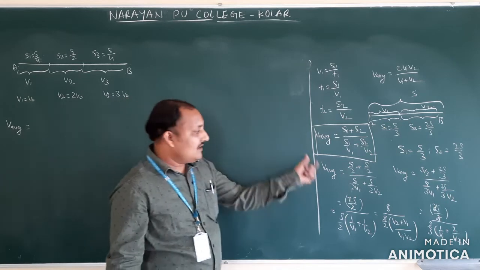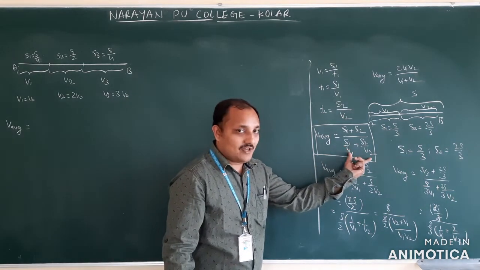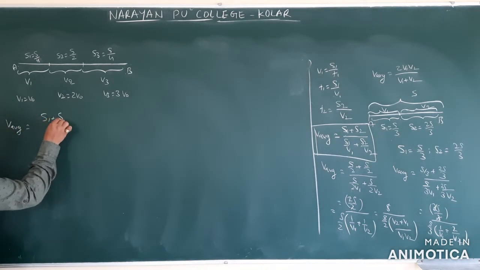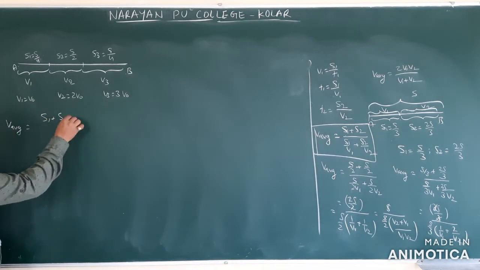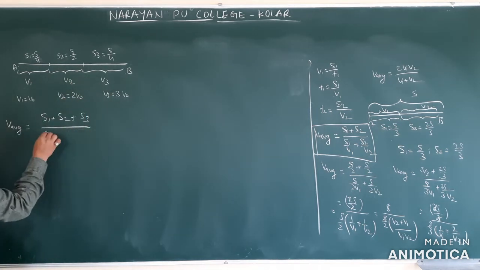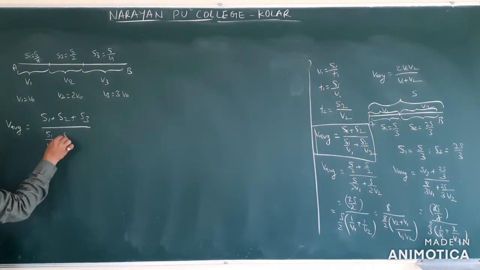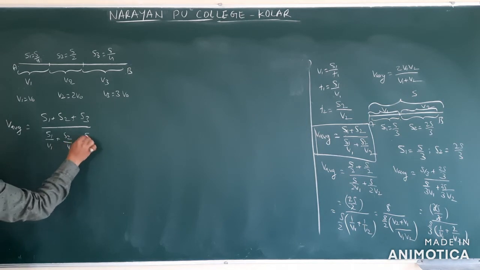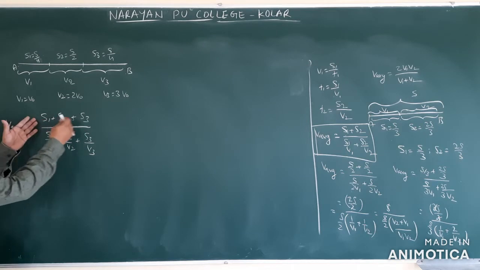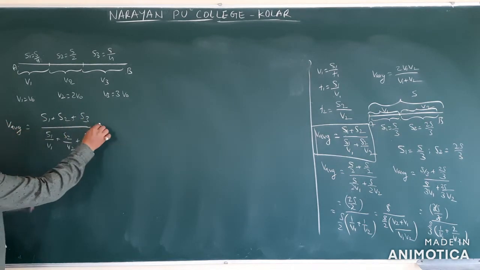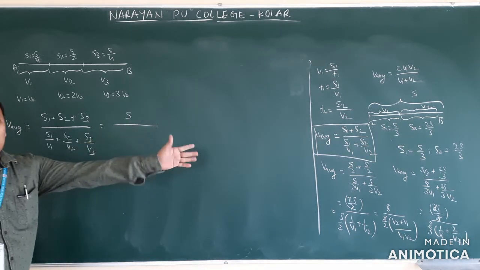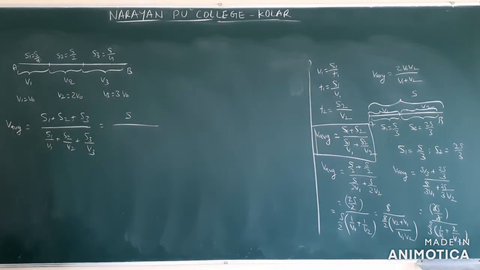I am not deriving all. Directly I am going with this formula. So s1 plus s2 plus another term s3, because this is going to be divided into 3 parts, by s1 by v1, s2 by v2, s3 by v3. Again you can substitute, or directly you can write. Already we did 2 times, therefore here I am writing directly.